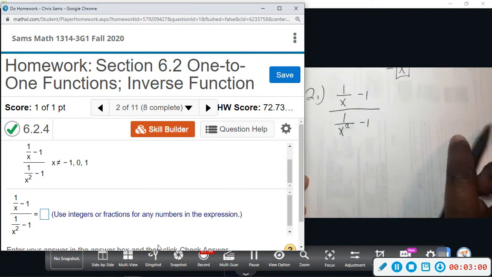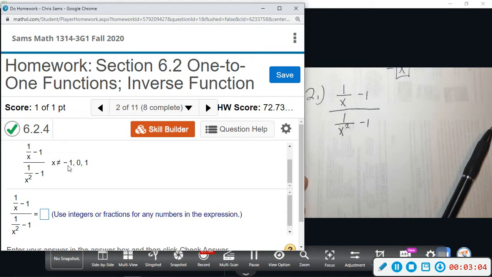These little tidbits over here are just reminding you that x cannot be negative 1, because then we would get 0. x cannot be 0, can't have 0 on the bottom, and x cannot be 1. All of those will give us a 0 on the bottom. Negative 1 squared is 1, 1 minus 1 is 0. Put the 0 down there and you have 0 in the denominator. So that's just reminding you that you can't divide by 0.